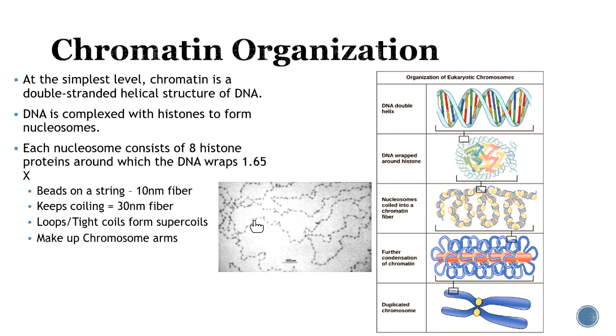The histones are those little dots right there, and the DNA is wrapped around them. So this is actually an image of DNA. It's really cool. Then we keep coiling and coiling until we get to what we call a 30 nanometer fiber. Then we form supercoils, and we keep coiling until we get to our chromosome arms.